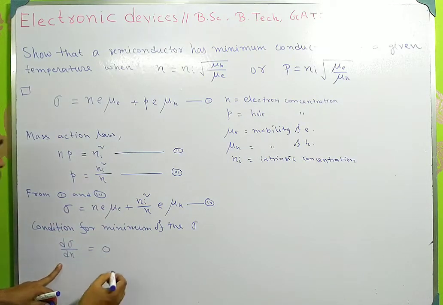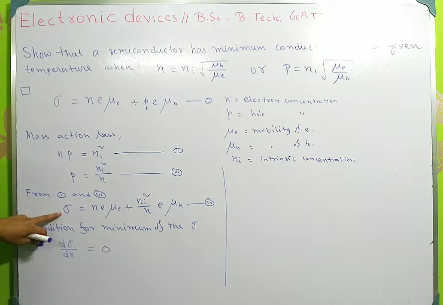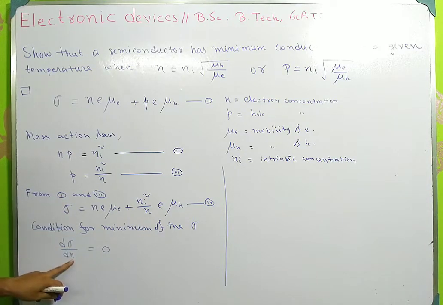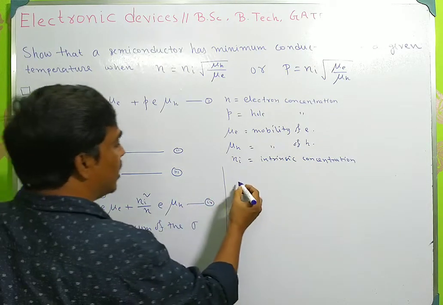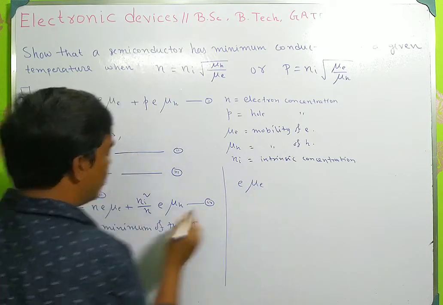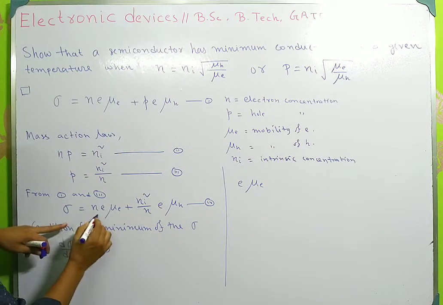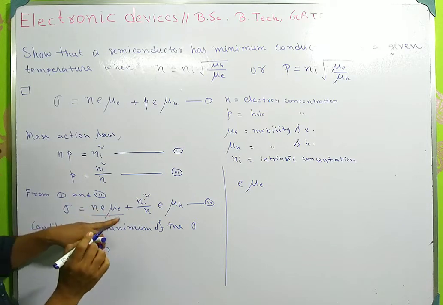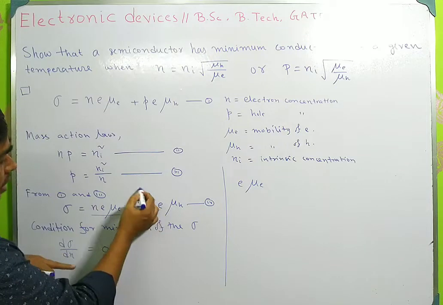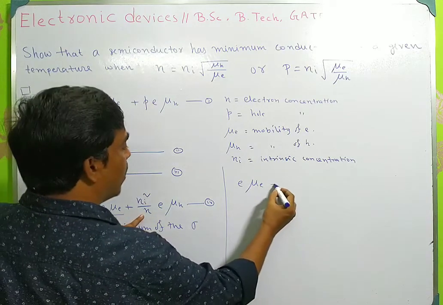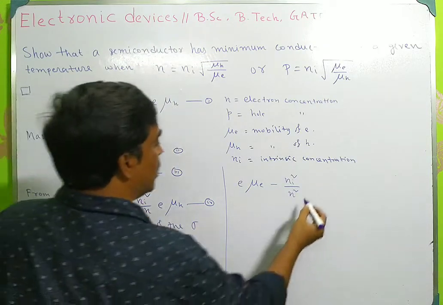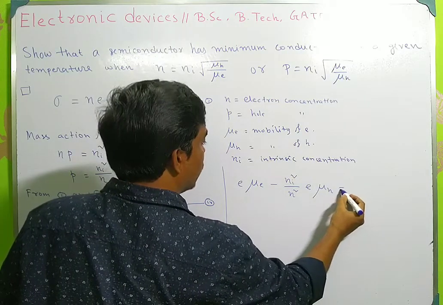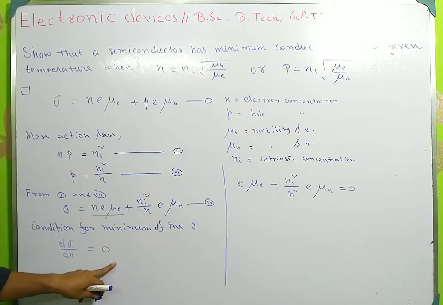If I take the first derivative of sigma with respect to n, the first term gives e mu e, and the second term gives minus ni square divided by n square into e mu h, equals 0.